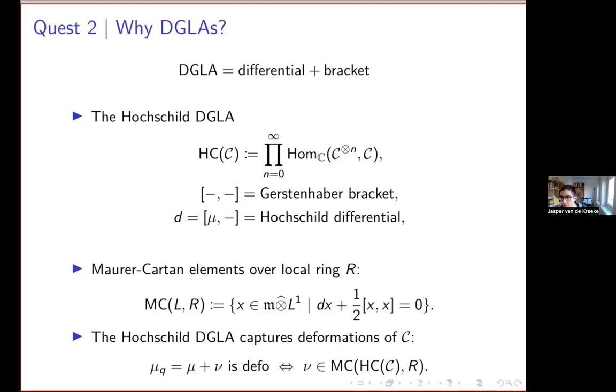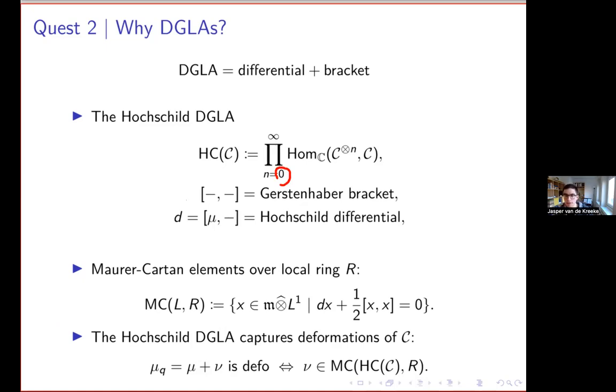What I've written down here is a bit of jargon, super abbreviated. Your cochains are basically every possible deformation candidate, so everything you might be able to add to your products mu, including possible curvatures. So that's why there's a 0 here.